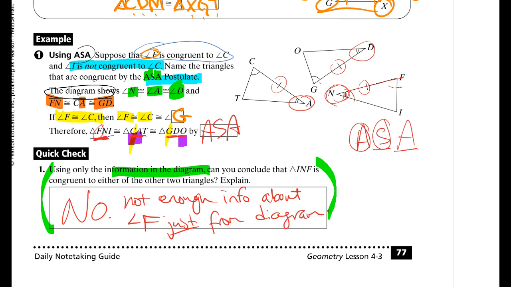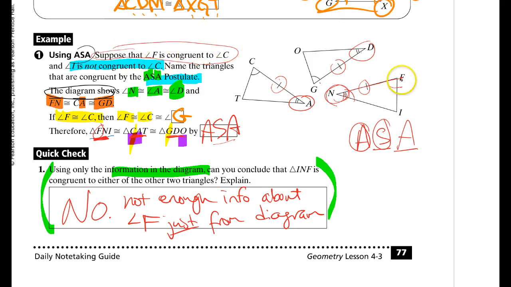Now, are you saying, but I thought we just proved that they were all congruent to each other by ASA? Yes, you're right. They are all congruent by ASA as long as they give you this piece of vital information. Oops, sorry, I'm not hitting the eraser. There we go. This vital piece of information: suppose that F and C are congruent.